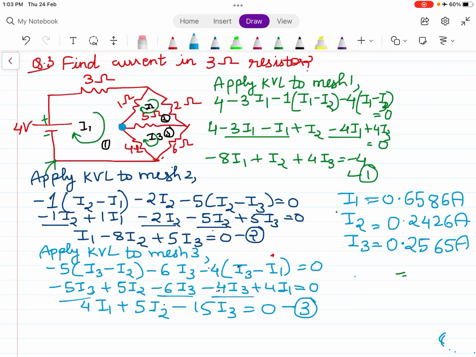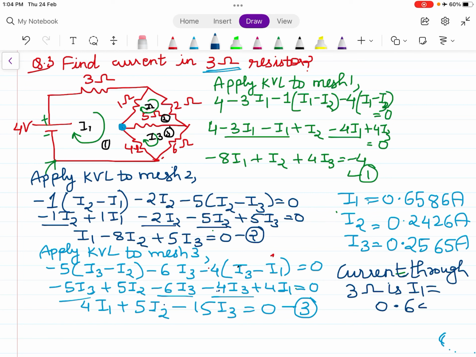Current through 3 ohms is I1. So current through 3 ohms is I1, which is equal to 0.6586 amperes.